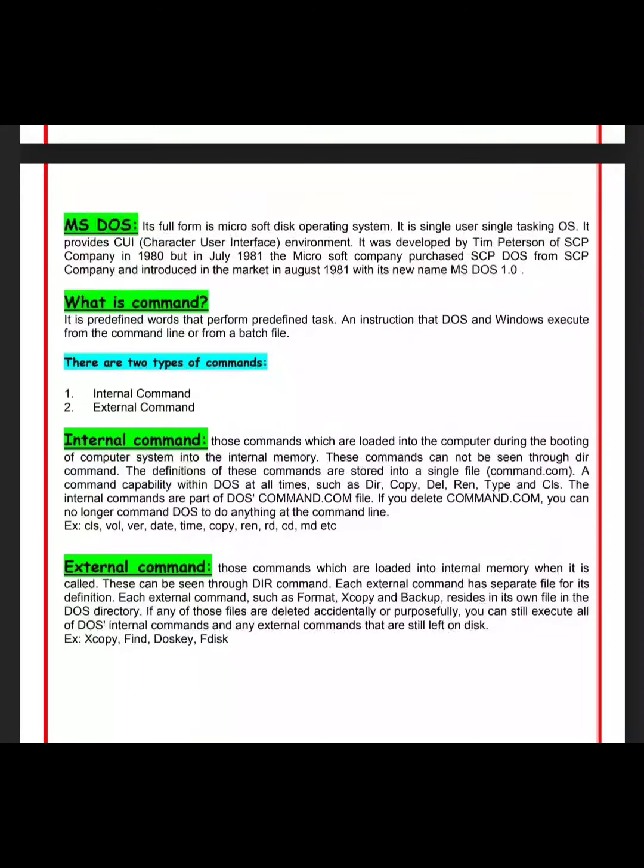Examples: cls, vol, ver, path, date, time, copy, ren, rd, cd, md, etc.